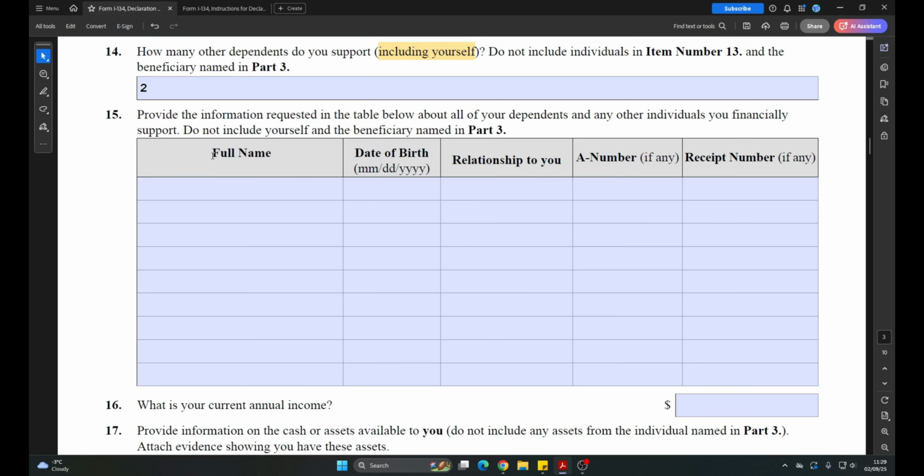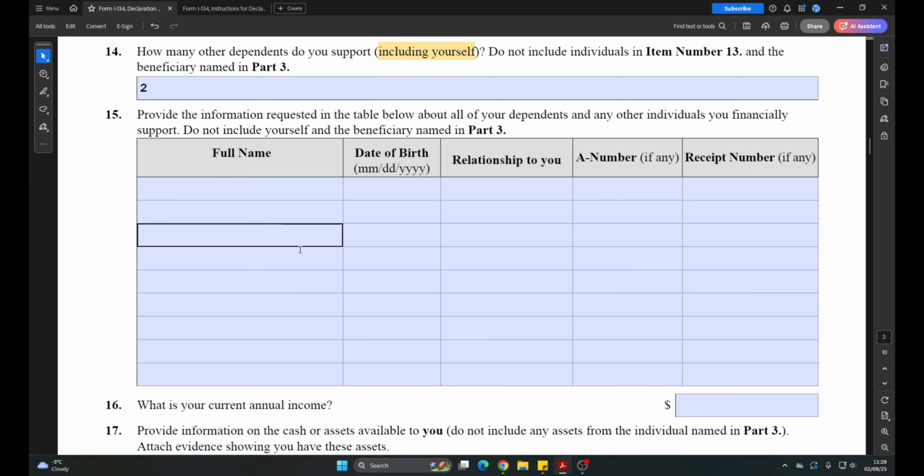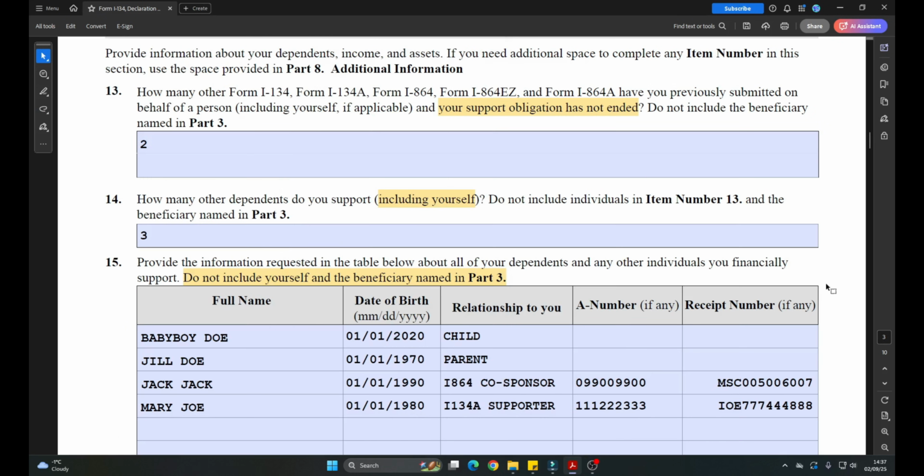This is not a very strict section, but it does ask you to be honest about how you are distributing your finances. Your form, depending on how many different people you support, may look something like this, and what the relationship of this person is to you might be easy to indicate when you're talking about your family members. But when it comes to writing people whom you have supported on one of these forms, I think it is perfectly acceptable to write exactly what kind of relationship you had to this person.